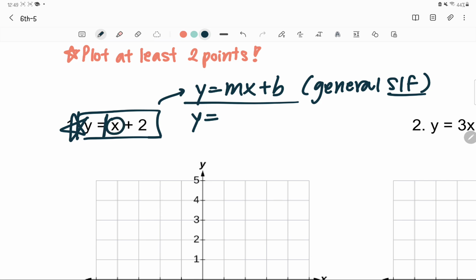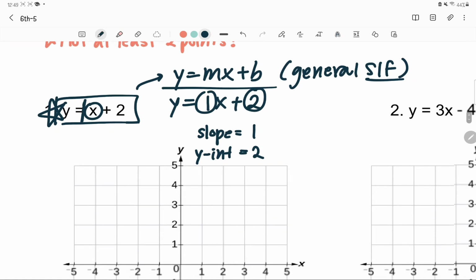But we know that the 1 is in front of x, which we just write as x. So 1x plus 2. So m, which is slope, is equal to 1. And b, which is 2, I can write as y-intercept is equal to 2.